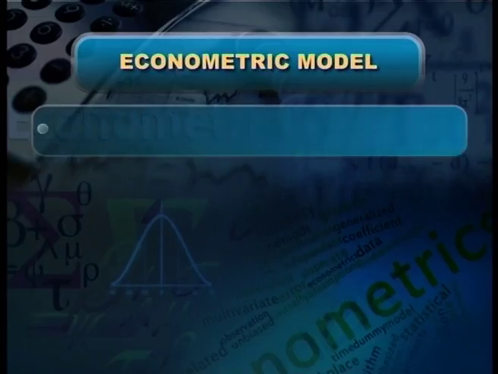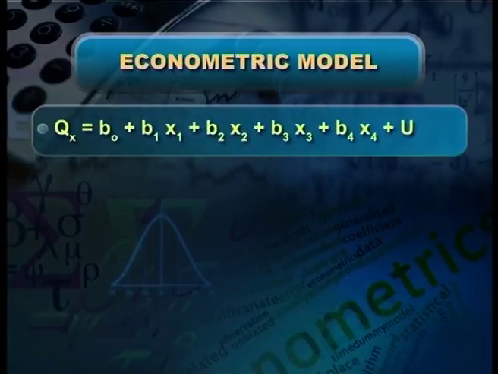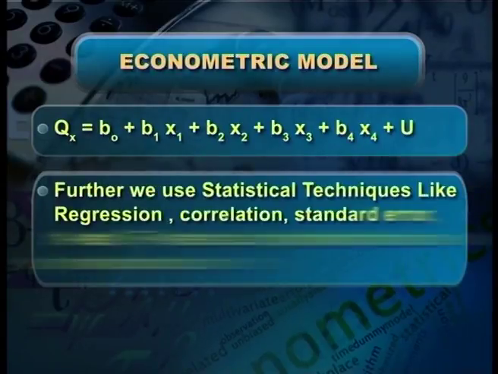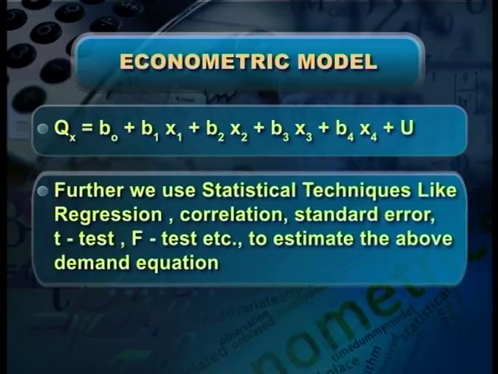The econometric model consists of Qx = B0 + B1x1 + B2x2 + B3x3 + B4x4 + u. u is a random variable. Further, we use statistical techniques like regression, correlation, standard error, t-test, f-test, etc. to estimate the above demand equation.